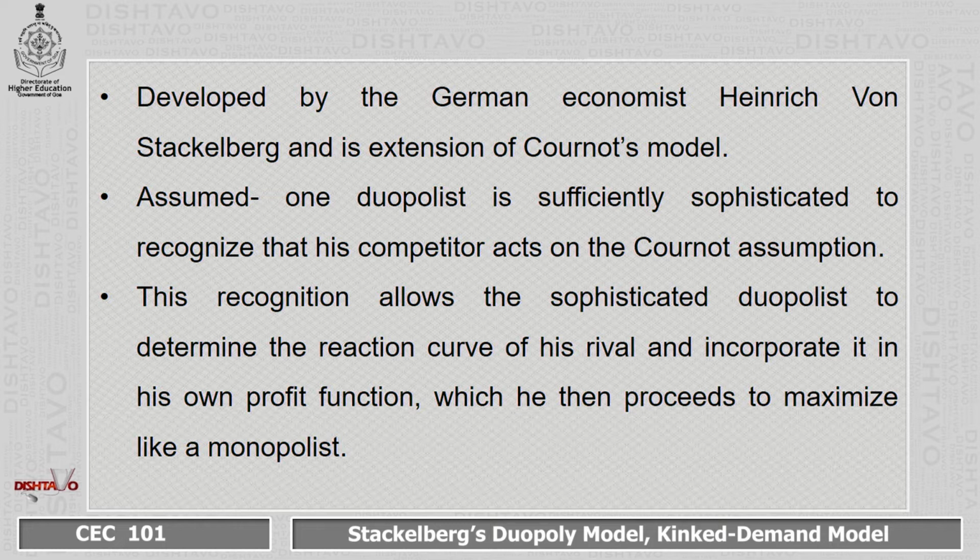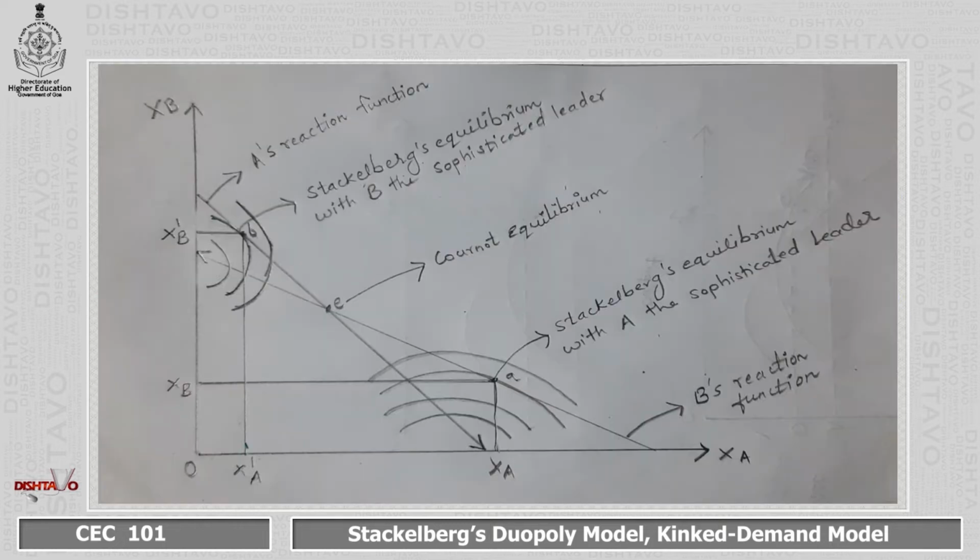This recognition allows the sophisticated duopolist to determine the reaction curve of his rival and incorporate it in his own profit function, which he then proceeds to maximize like a monopolist.